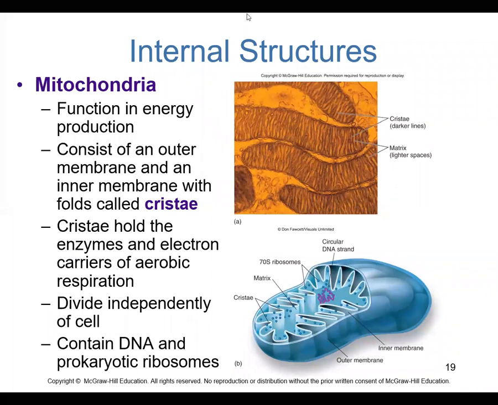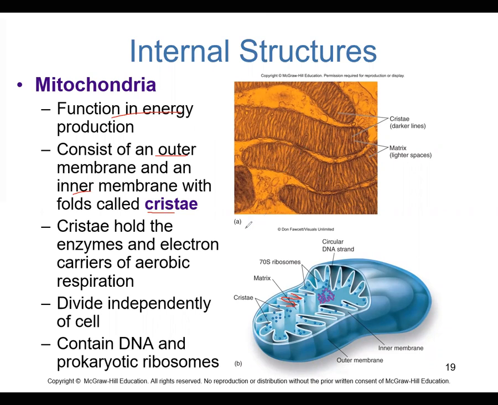Mitochondria, we've mentioned them a little bit ago on the endosymbiotic deal. These are for energy production. They have an inner and an outer membrane. The inner membrane is called the cristae, and you see in this artist's rendition here, it's got lots of folds in it. If you look up in the micrograph, you see the folds are very extensive.